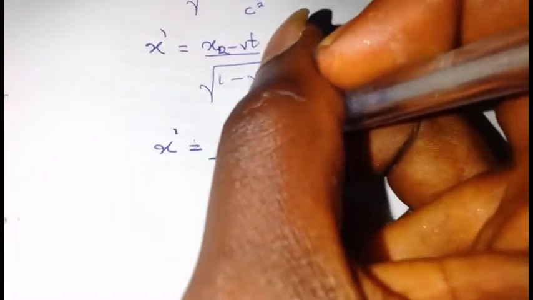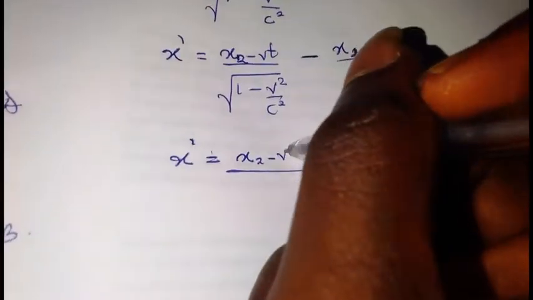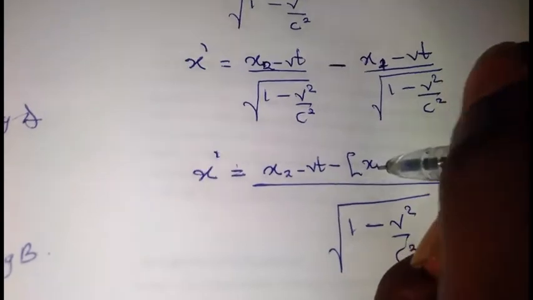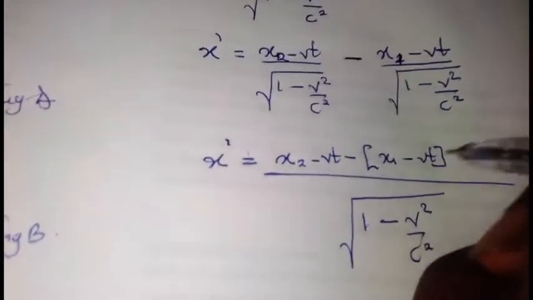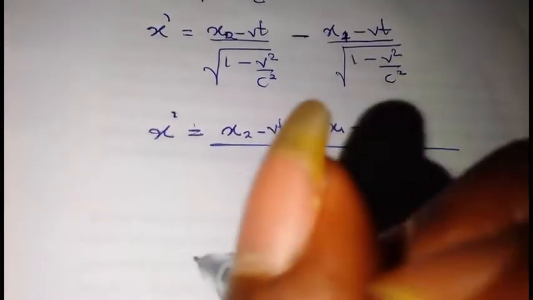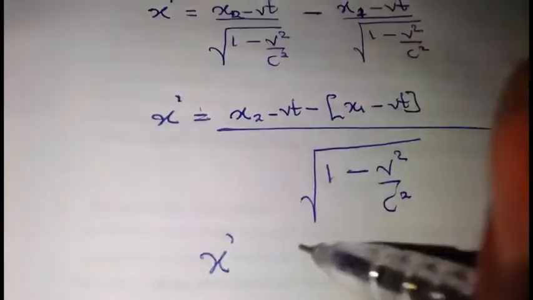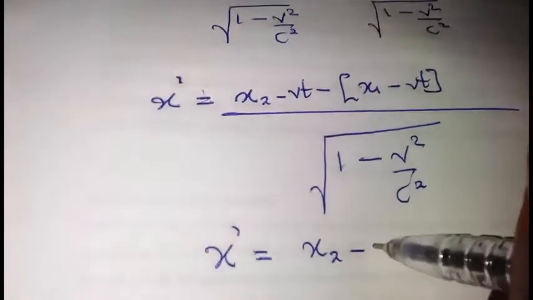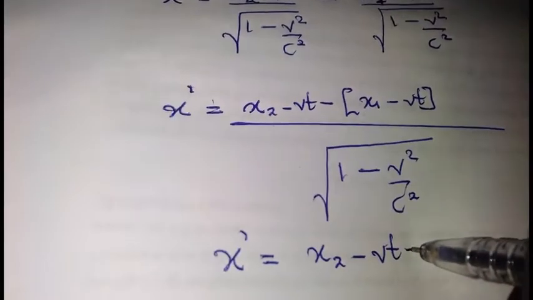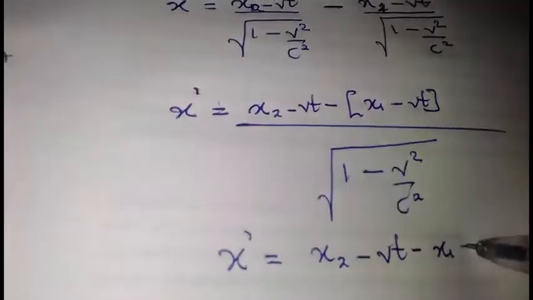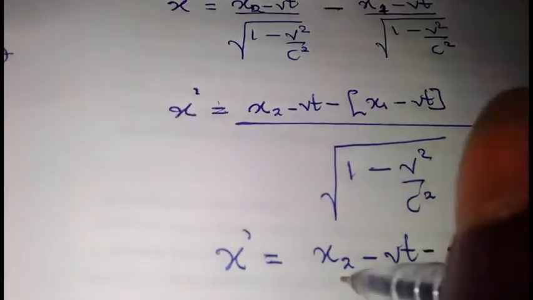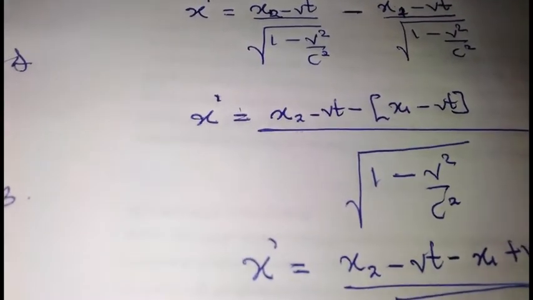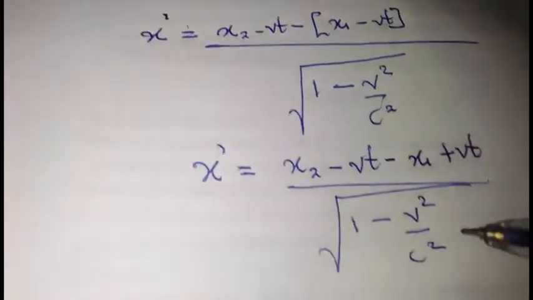So I will have what? x2 minus vt minus open bracket x1 minus vt. So we have x prime equal to x2 minus x1 plus vt all over root of 1 minus v square all over c square.